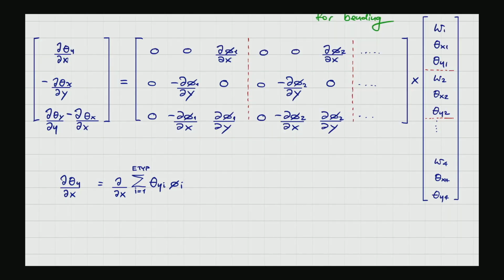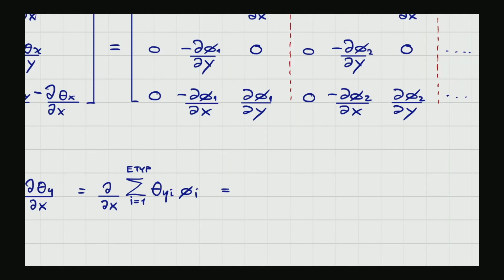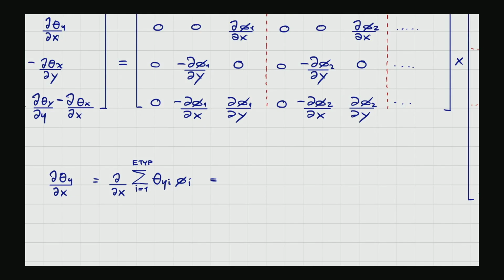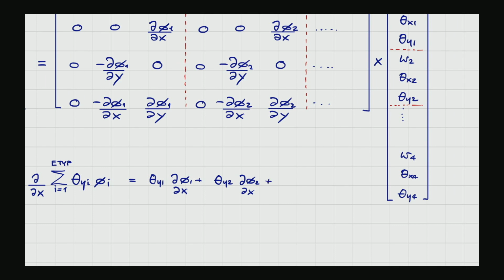So we distribute the partial derivative in there. That makes theta y1 partial derivative of N1 with respect to x plus theta y2 partial derivative of N2 with x plus, up to theta yn partial derivative of shape function n with x.